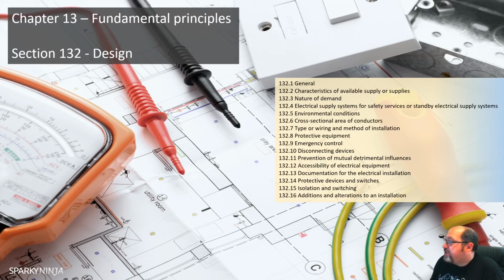Additions and alterations to an installation. No additional alteration, whether it's temporary or permanent, shall be made to an existing installation unless it has been ascertained that the rating and condition of any existing equipment, including that of the distributor, will be adequate for the altered circumstance. Furthermore, the earthing and bonding arrangements, if necessary for the protective measure applied for safety of the additional alteration, shall be adequate.